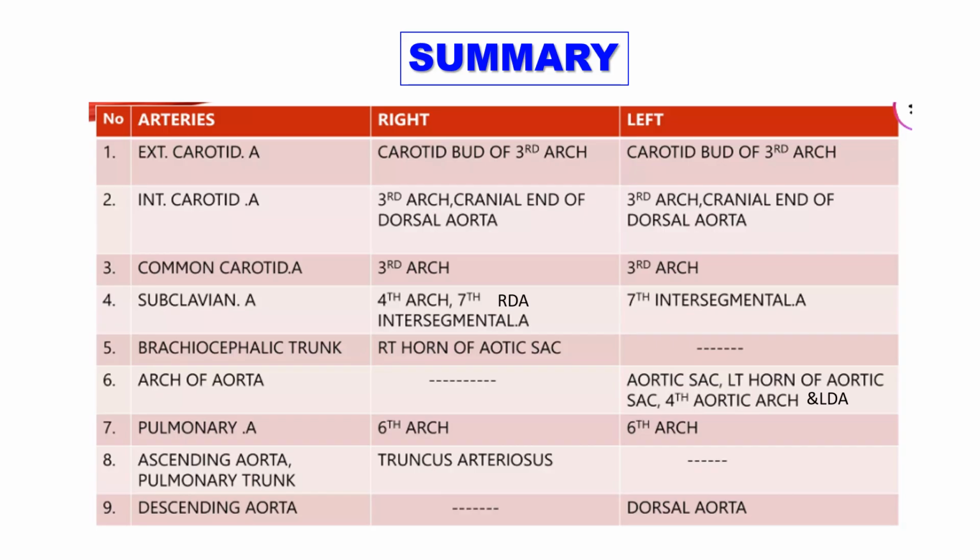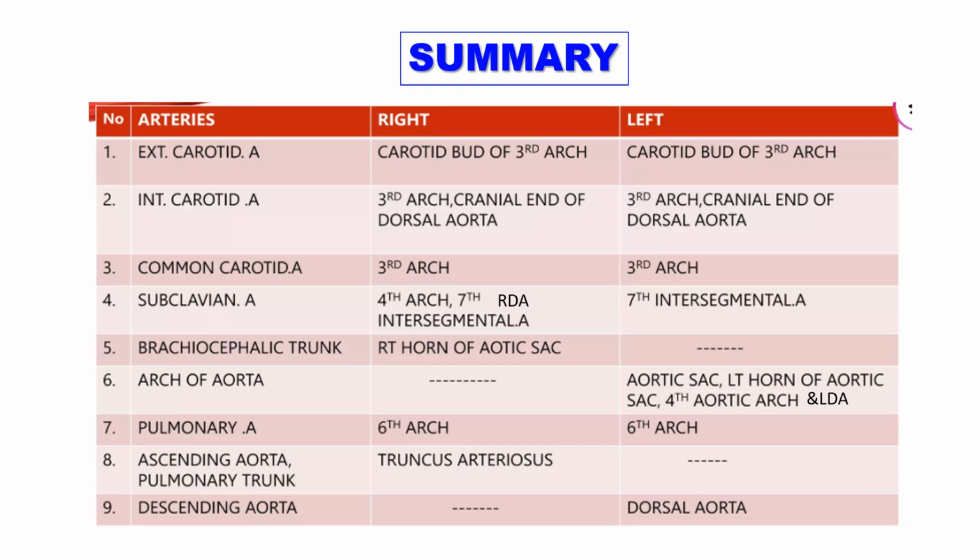Common carotid artery arises from third aortic arch artery from right and the left side. Subclavian artery on the right side, fourth aortic arch artery, dorsal aorta right side, right seventh intersegmental artery. On the left side, it's totally derived from left seventh intersegmental artery.